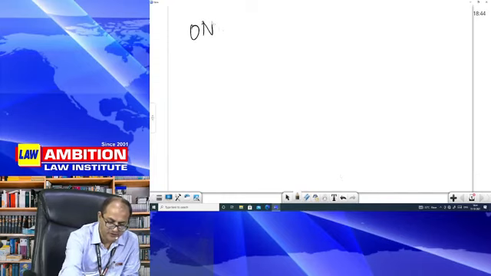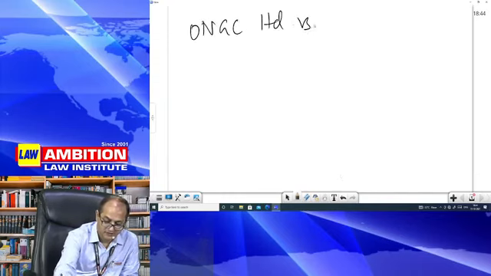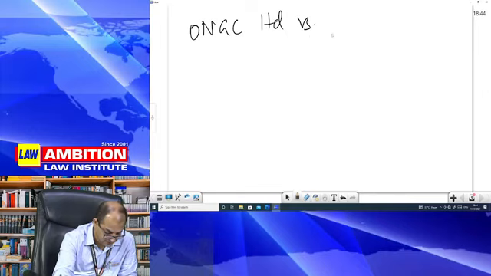ONGC Limited versus Modern Construction case on this point.